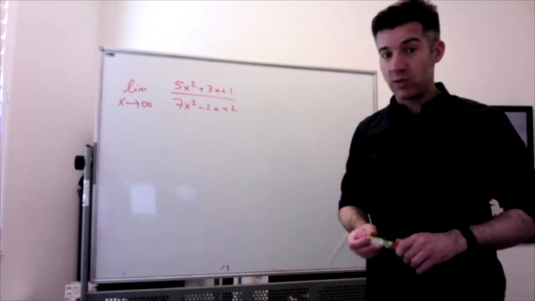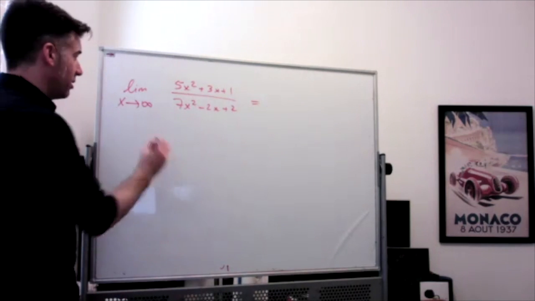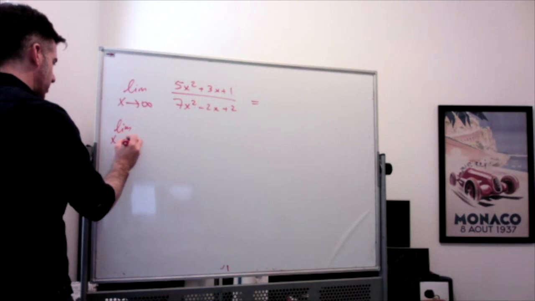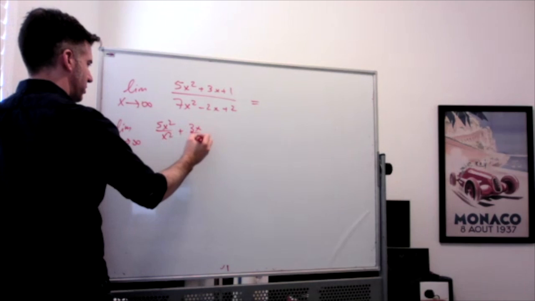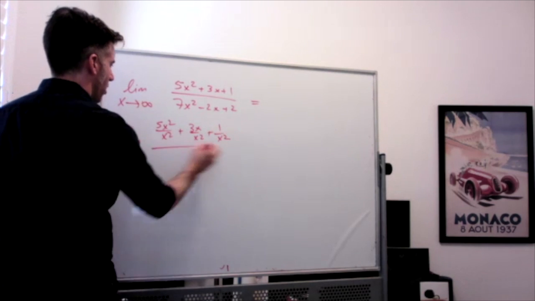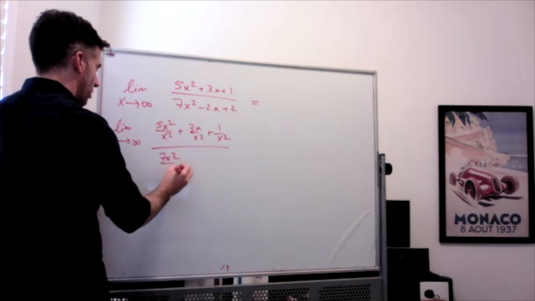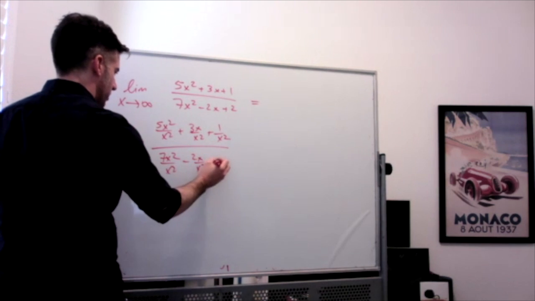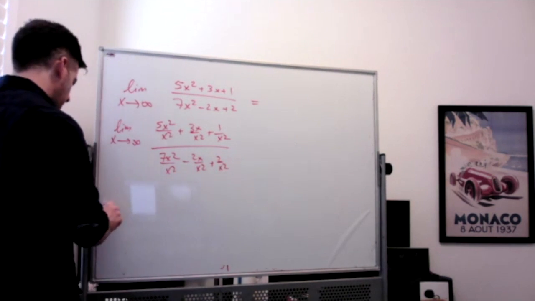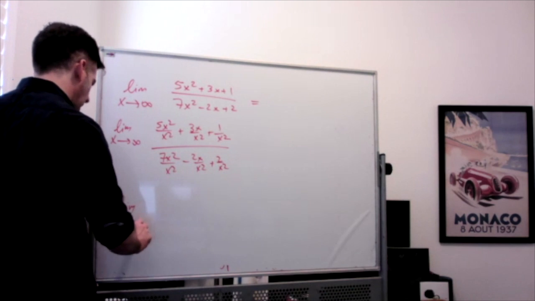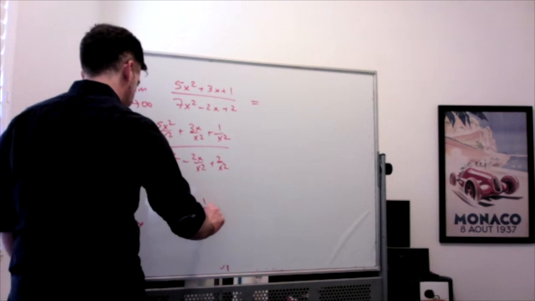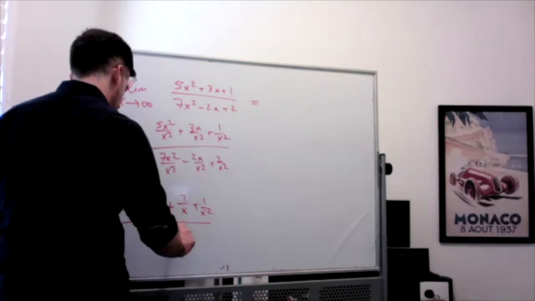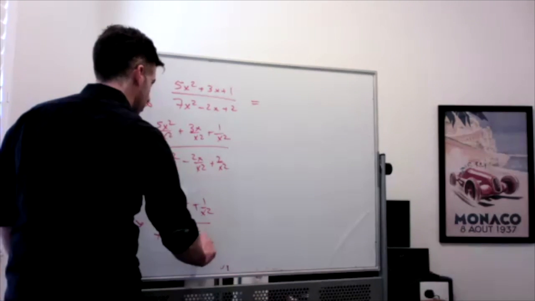One way to show the work, which we definitely did back in 16A, is to divide everything by x squared. This is equal to the limit as x goes to infinity of 5x squared over x squared plus 3x over x squared plus 1 over x squared, over 7x squared over x squared minus 2x over x squared plus 2 over x squared, which is equal to the limit as x goes to infinity of 5 plus 3 over x plus 1 over x squared, over 7 minus 2 over x plus 2 over x squared.